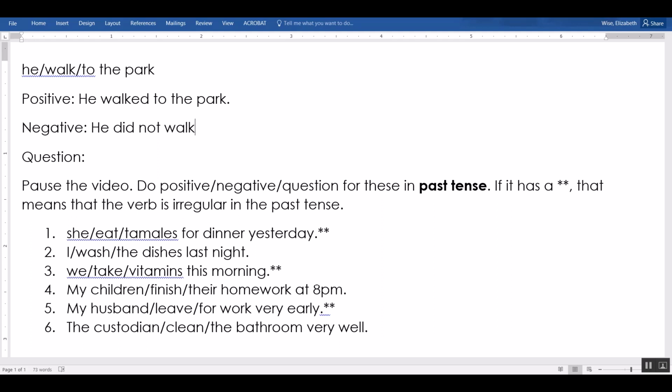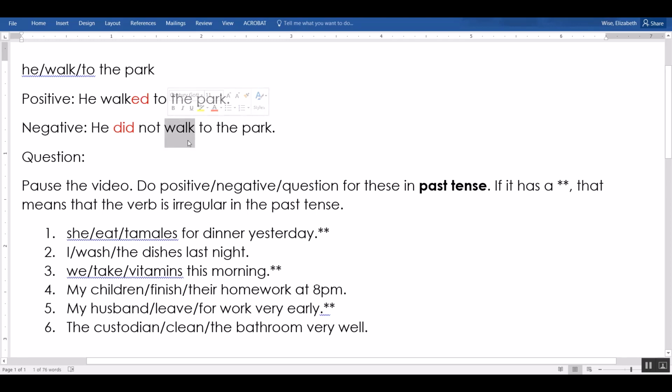So remember, here, let's make it red. He walked to the park. That's past tense. Here, your past tense is in did. So your second verb, walk, is just going to be in the present. He walked to the park. He did not or didn't walk to the park.